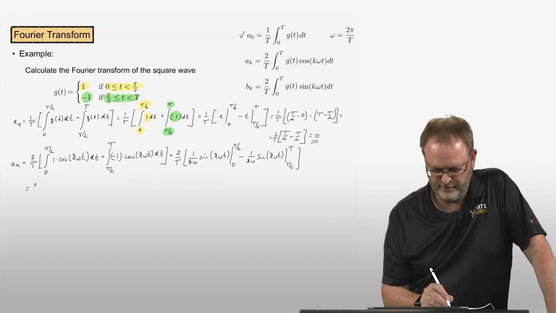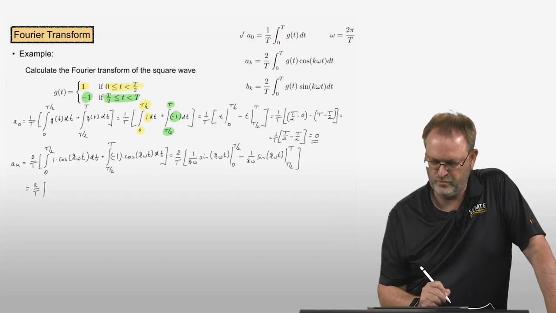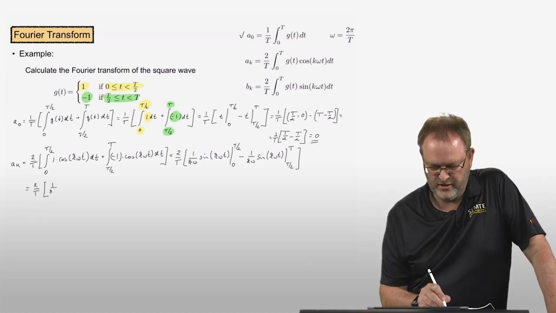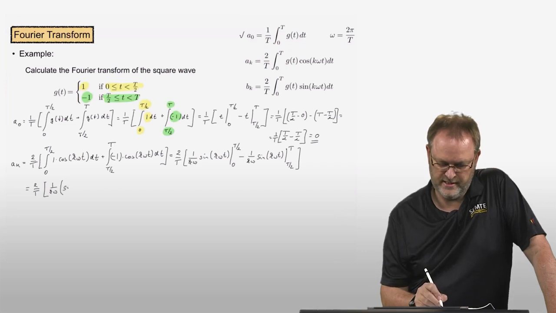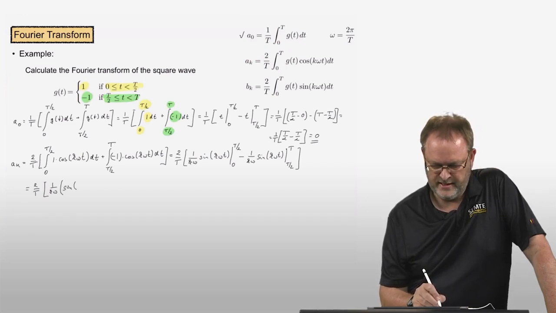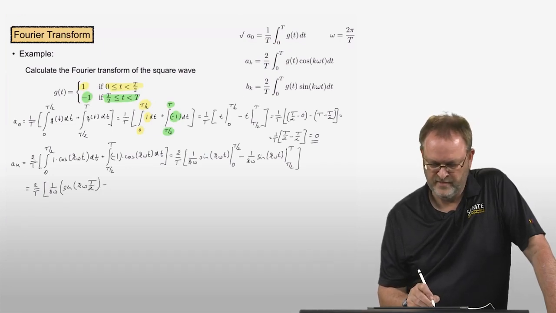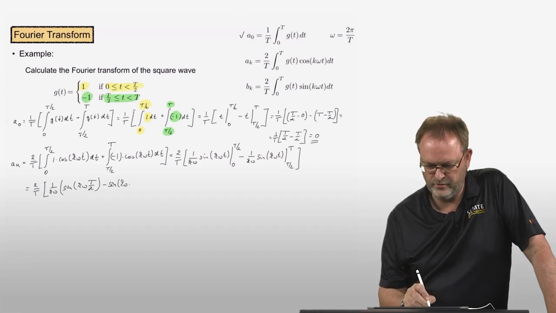So we have, first of all, 2 over t times square bracket and 1 over k omega times upper bound. It's the sine of k omega t over 2 minus the sine of k omega times the lower bound, which is 0.